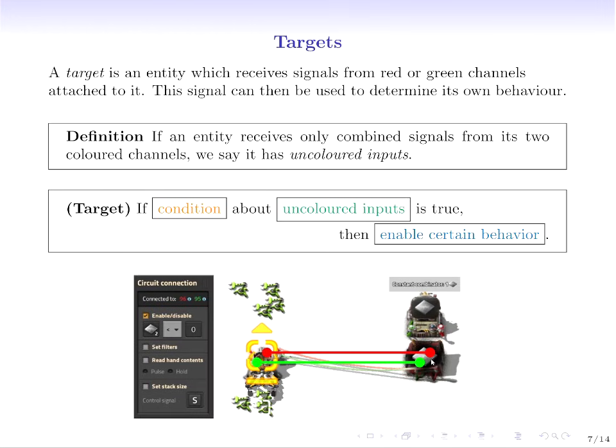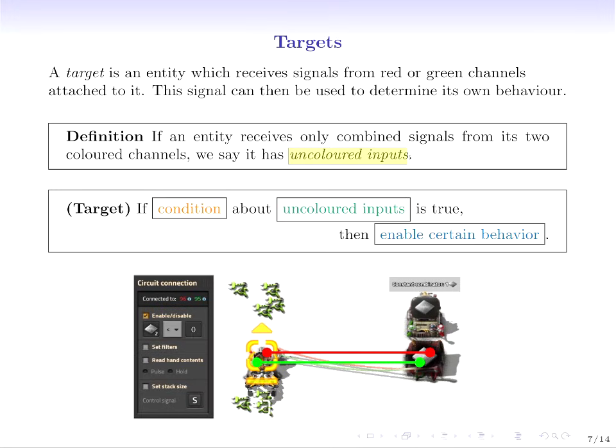So in this picture I have a constant combinator with 1 iron plate. If I connect 2 wires of red and green, that would send 1 plate in red and 1 plate in green. And when the inserter uses the signal to determine the enable and disable condition, it's going to see 2 iron plates as the combined signal.